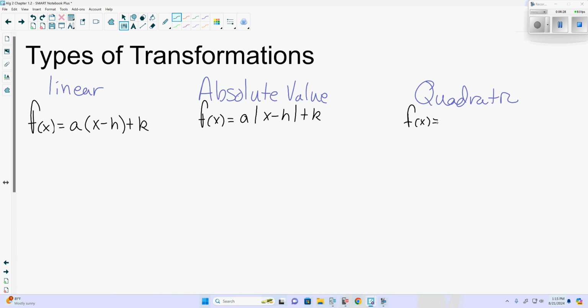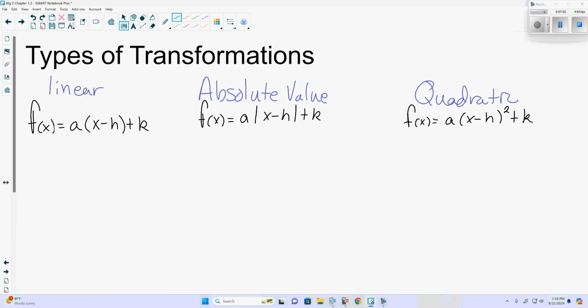F of x is equal to a parentheses x minus h squared plus k. They all pretty much look similar. It's just one has our quadratic, the x squared, our squared term. Our absolute value has absolute value bars, and linear just has an x. Questions on these so far?